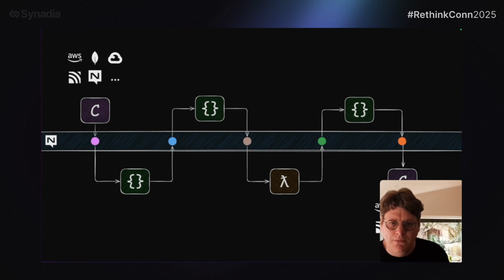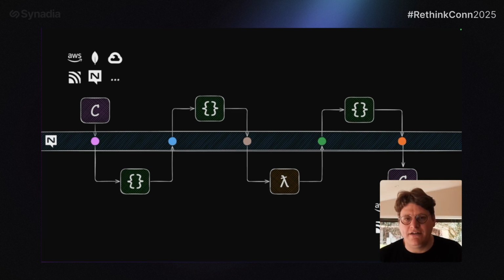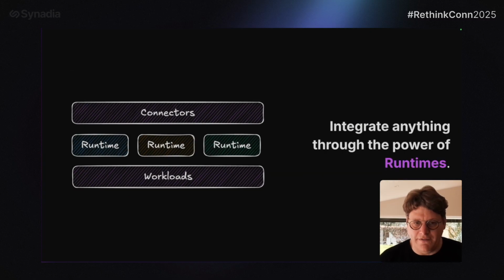But there is something that we have to talk about. When we talk about connectors, one immediate question is, how fast is it? How much data can we put through it per second? Or can it deal with this specific system that we can only address using this programming language? That was a tricky one. It took us a while, but we came up with the idea of runtimes.